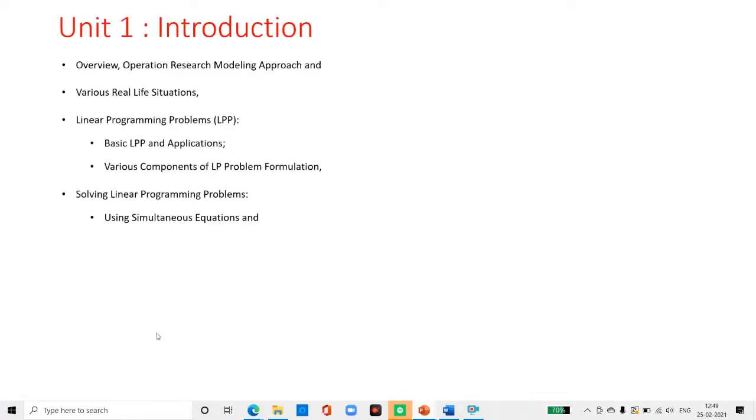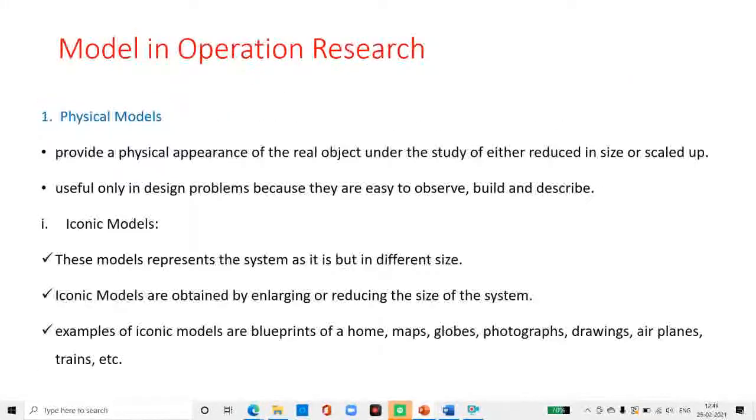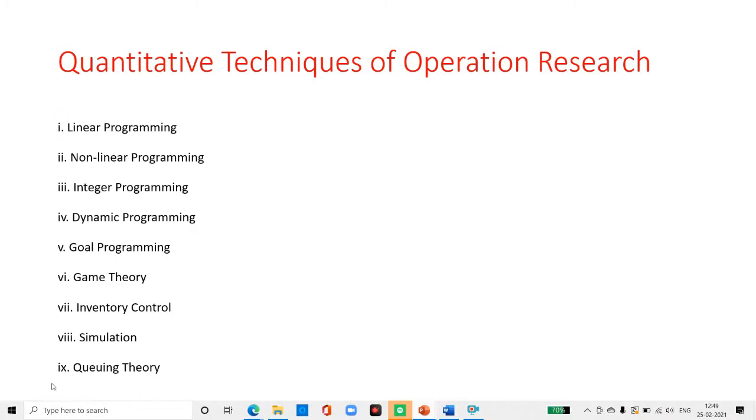So these are the quantitative techniques used in operational research.